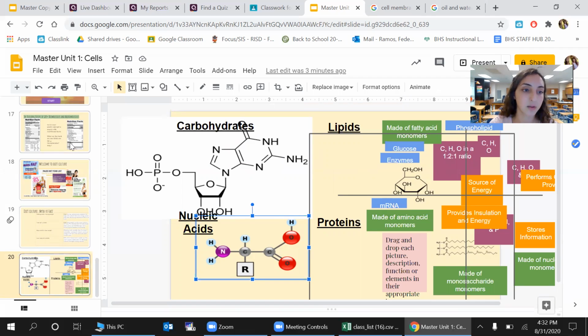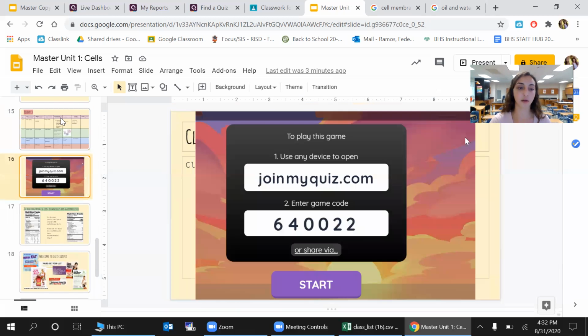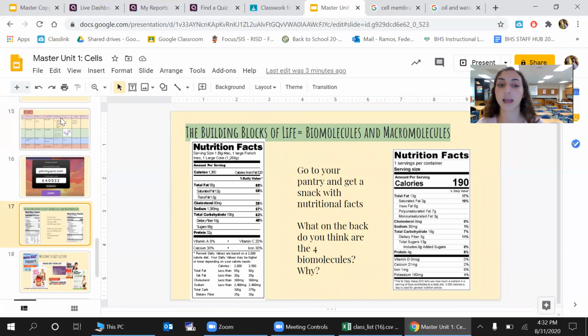All right, then in the rest of the PowerPoint, I just talk about how nutrition labels depict each of the biomolecules except nucleic acids, so that we have our fats here, our carbohydrates, and our proteins here. And they all contribute to calories, which is energy. You need energy to live, for your body to function the way it does.